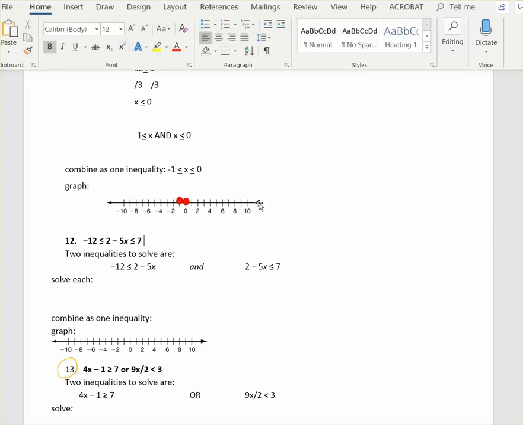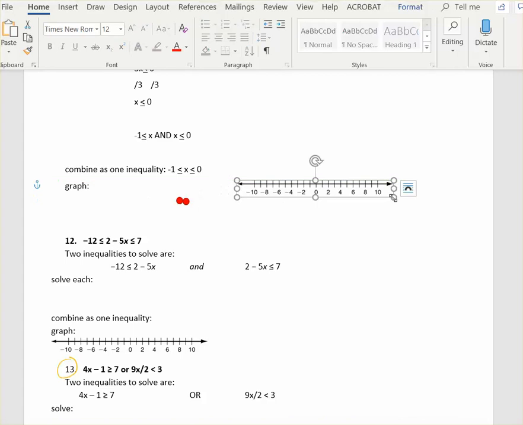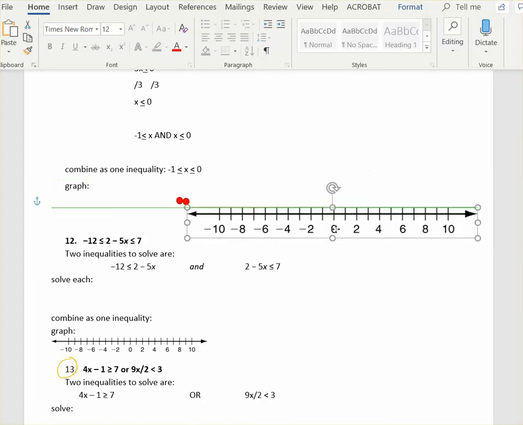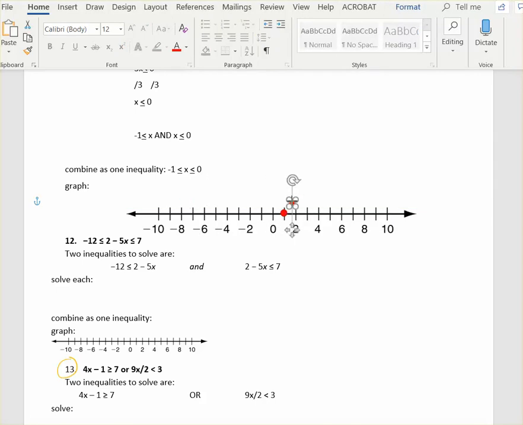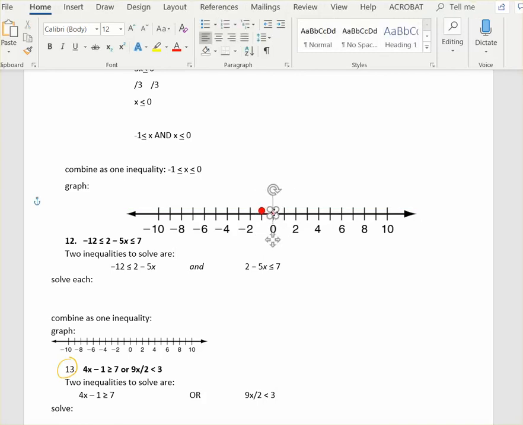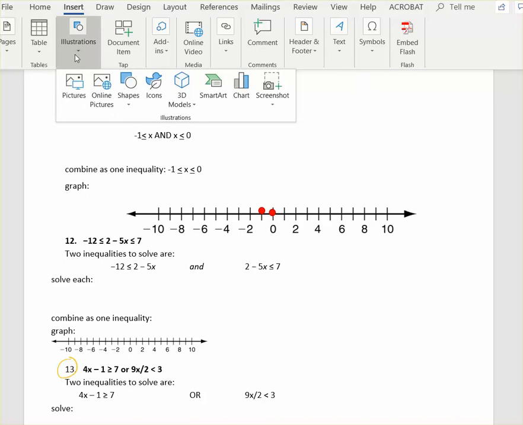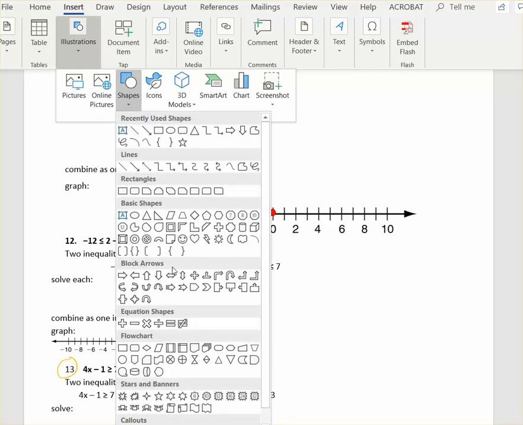If I had made this graph a little bit bigger, it would be easier to see that I have one point at -1 and one point at 0. I got that in the wrong spot. There we go. And then I need a line between them to show that all of the points in between those two would be solutions to this inequality. So you can go to Insert, back to Shapes, and pick a line tool.